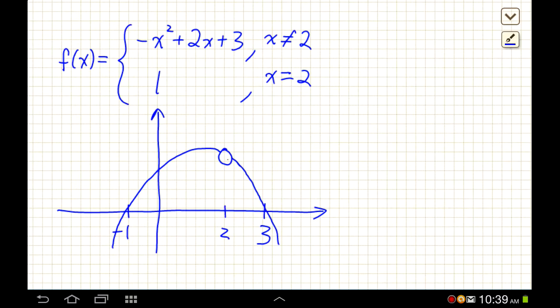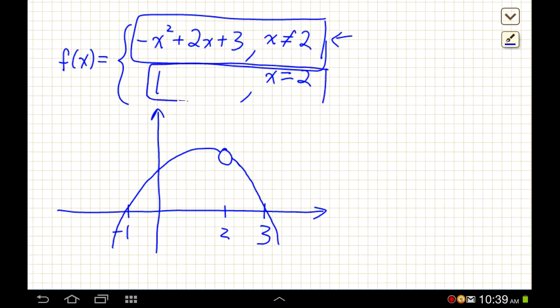At x equals 2, we have an open circle, because this first component of f of x says that f of x has the shape of a parabola everywhere except x equals 2. And at x equals 2, f of x is just the y value 1. So at x equals 2, we have a solid circle at the value 1.